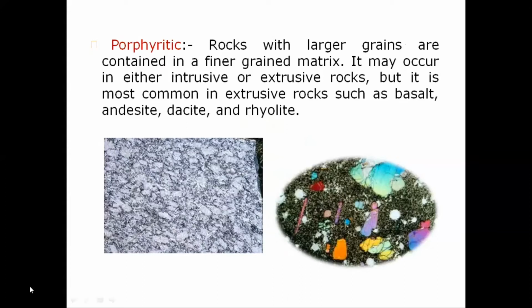You can see here we have a granite, and in this granite you can see large crystals present in the rock specimen. And similarly in thin section you can see a volcanic rock maybe, and very fine glassy material, that is the groundmass. And then we have the bigger crystals that are the porphyry crystals. So we call this texture combined as porphyritic. Remember, this is coming under the relic texture.